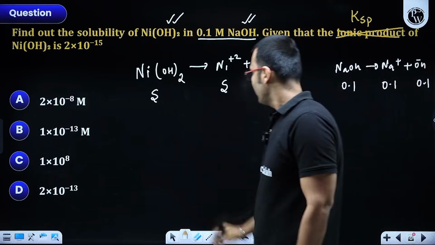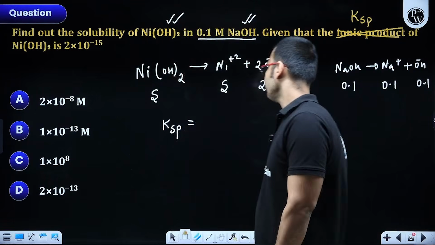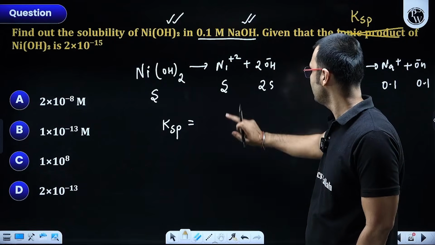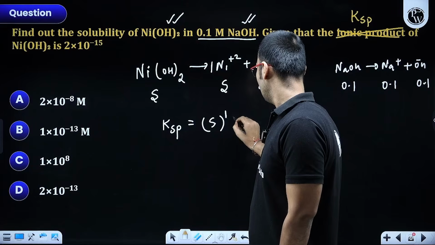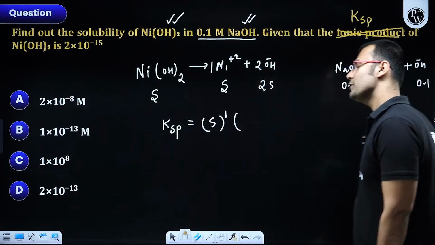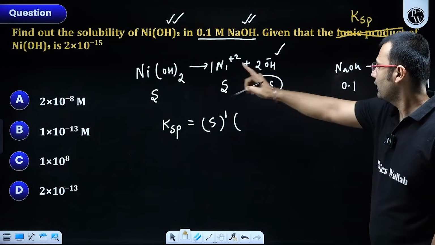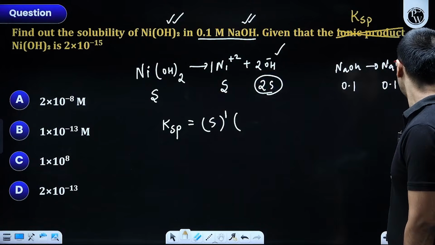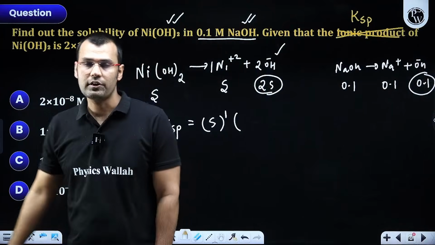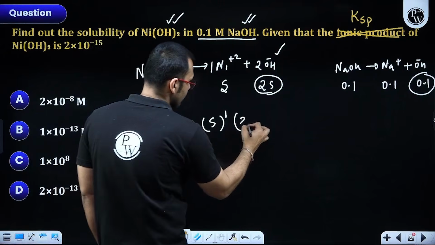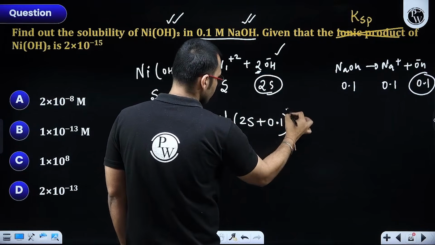Now, finally, Ksp of nickel hydroxide will be the concentration of nickel 2 plus power 1, so S power 1, and the concentration of OH minus, which is common here. OH minus we are getting 2S from nickel hydroxide and 0.1 from NaOH. So for OH minus I will have to take the total concentration. So it will be (2S plus 0.1) whole power 2.